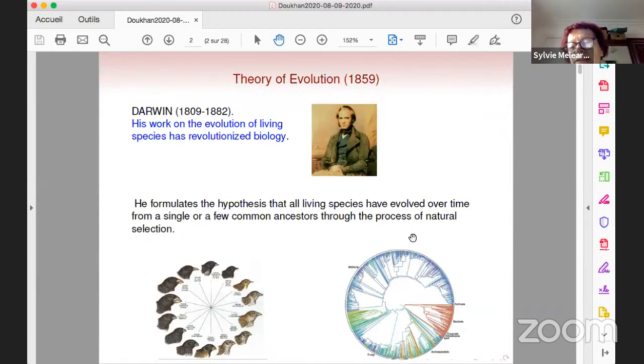And so on the right, I show you essentially the actual parallel with such a picture, that is a phylogeny.